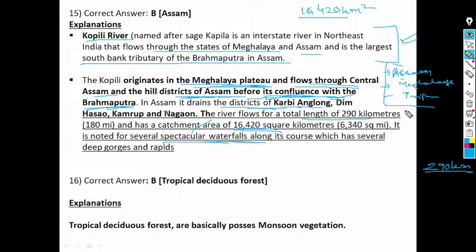Kapoli hydroelectric power project is one of the biggest ones. If you say volumetric, it is the biggest in the northeast, the Kapoli hydropower project.